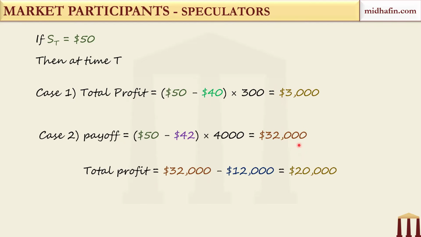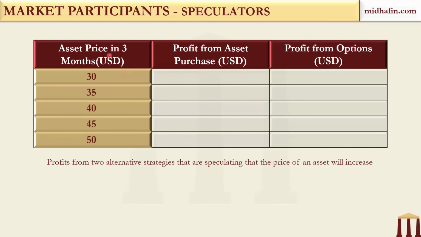But what is the downside of this strategy? For that, we have to analyze what happens to your profit for different asset prices at expiration. We are assuming that T, the expiration, is 3 months. So in 3 months, these are the asset prices: 30, 35, 40, 45, and 50.